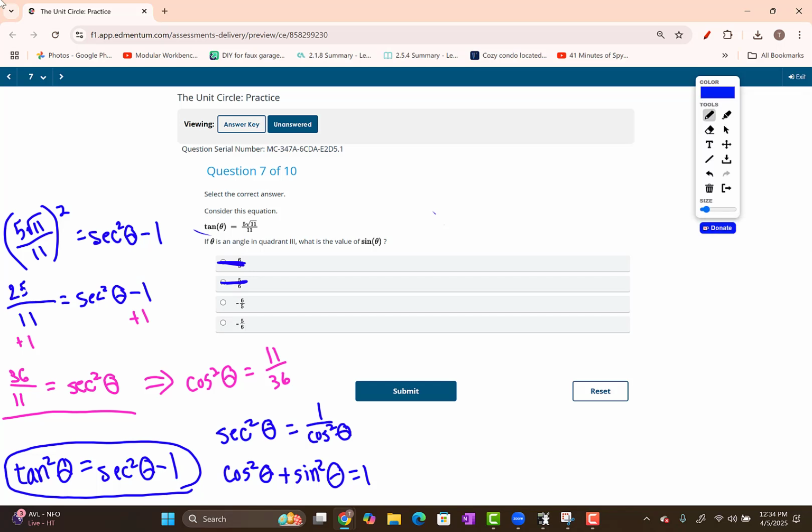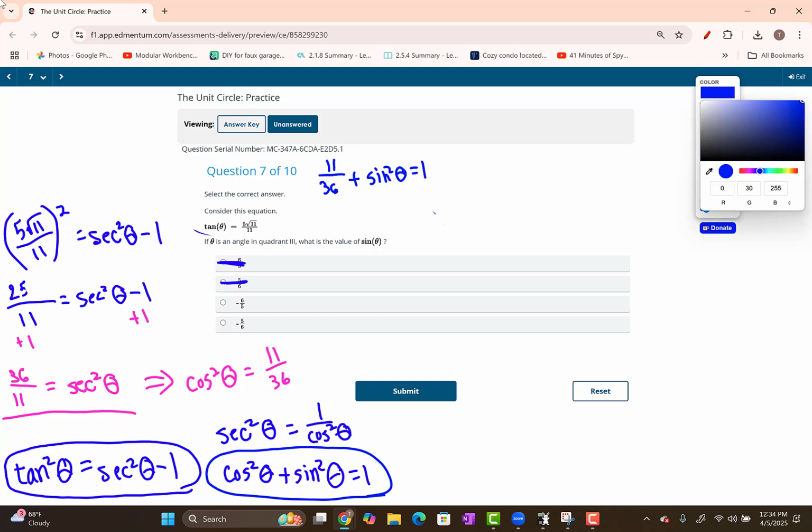But finally, we can use this bottom Pythagorean identity, because remember, our goal is to solve for sine. So cosine squared plus sine squared equals 1. We know cosine squared is 11 over 36. We don't know sine squared. So we're next going to subtract 11 over 36 from both sides.